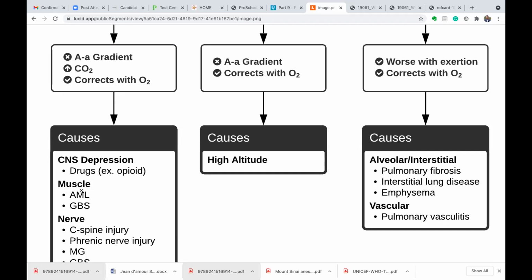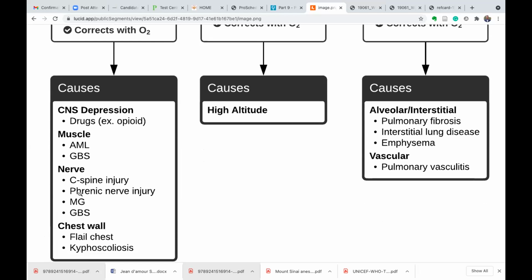So if the muscles are affected, for example, in Guillain-Barré syndrome, then you can't eliminate enough CO2, and that will lead to hypoxemia. Or you have injury to the nerve. People with spinal injury or phrenic nerve injury.